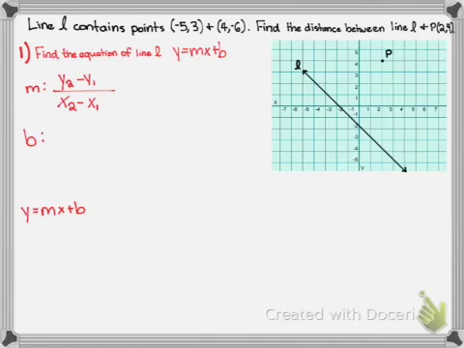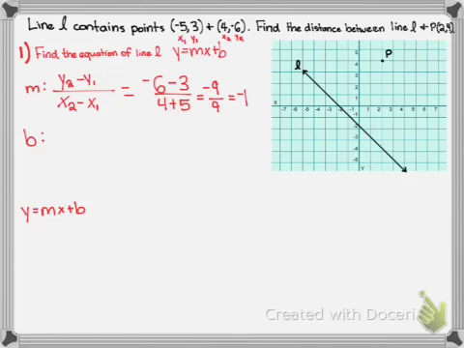We will call the point (-5, 3) our x1, y1, and the point (4, -6) x2, y2. So the slope of the line will be negative 6 minus 3 over 4 minus a negative 5, which becomes plus 5. So that's negative 9 over 9, which becomes negative 1.